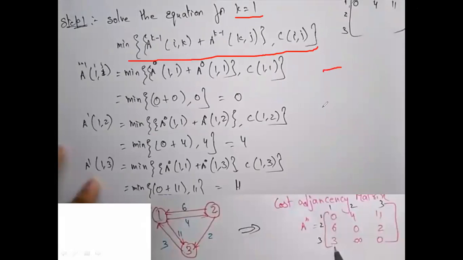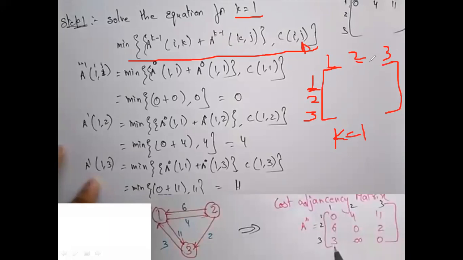For that, you have to write one matrix, with 1, 2, 3 rows and 1, 2, 3 columns. The first pair is A of 1, 1. Next pair is 1, 2. Next 1, 3. When k equal to 1, you have to find out these. What is A of 1, 1? Apply this equation.